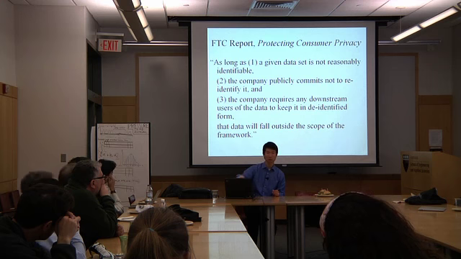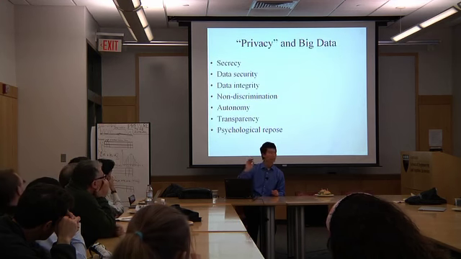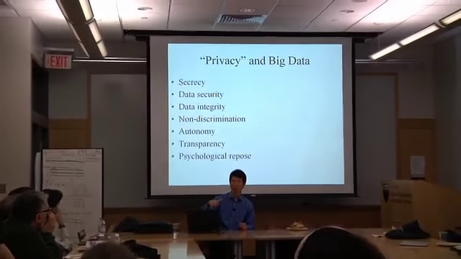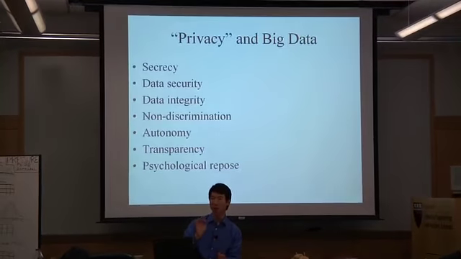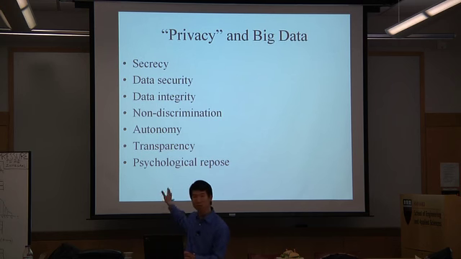Now, I'll suggest in a moment, here, I'll put up this slide, that in general, with respect to these questions of big data, we're mixing in lots of different possible notions of privacy, right? And the impetus for a lot of these laws may be one of these, even though it's unclear which one of these aspects of privacy it is that we're potentially worried about. There's the problem of just secrecy, there's the problem of data security, integrity of the data, and also, importantly, problems of non-discrimination or autonomy, right?